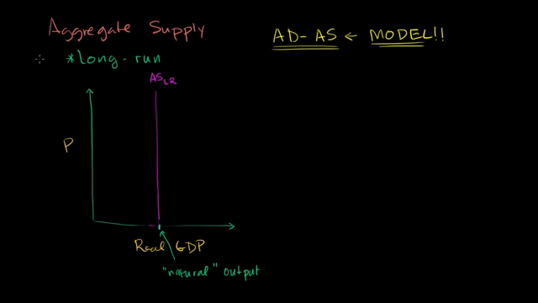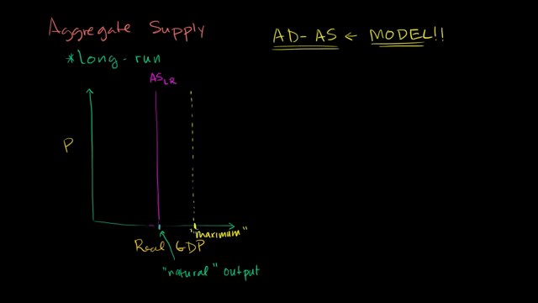There is some theoretical level of output. Maybe I'll draw it out here. So this is maybe some theoretical level of output that you could view as maximum output. Maybe I'll draw it right over here. So this right over here might be maximum output. Given the population and the technology that the population has, this is some type of theoretical thing, and it would be very hard to actually quantify.